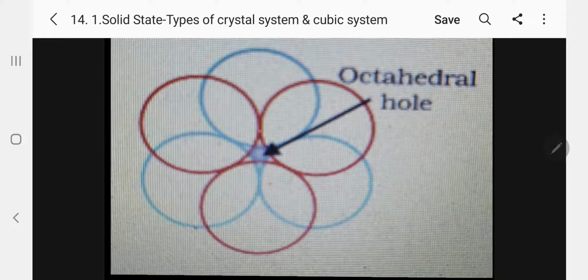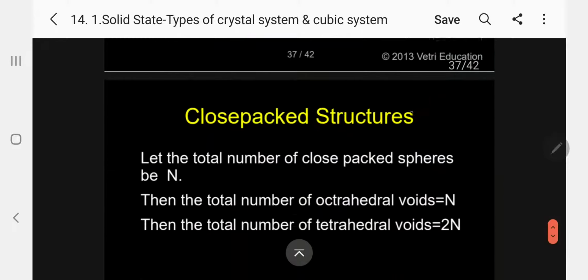In that case, now you can imagine it is octahedral. This is the most important, the octahedral hole. So tetrahedral will be indicated by T, octahedral will be indicated by O. Please follow, this is the way you have to understand this.